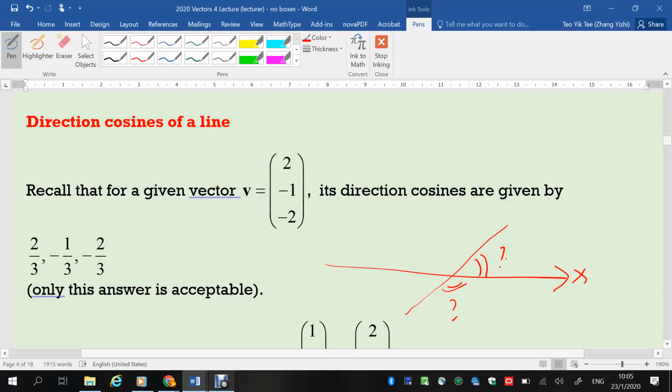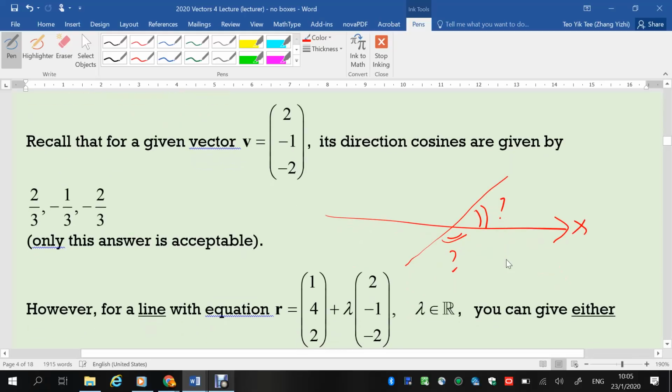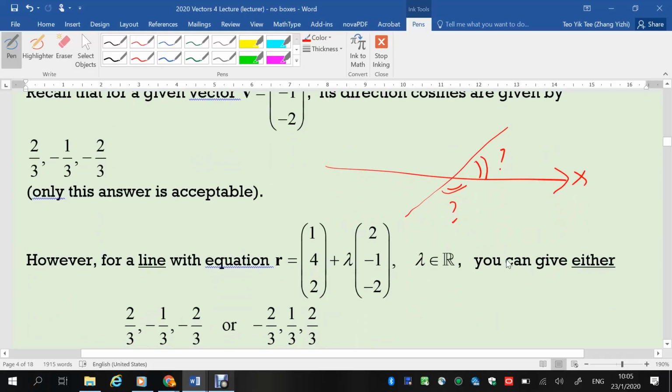It can be the acute angle or it can be the obtuse angle, right? Agree? Because the angle with the x-axis is either acute or obtuse. So what it means is that when it comes to directional cosine, I can accept either the acute angle or the obtuse angle. And what does it mean? You can accept the plus minus of your version of the directional cosine.